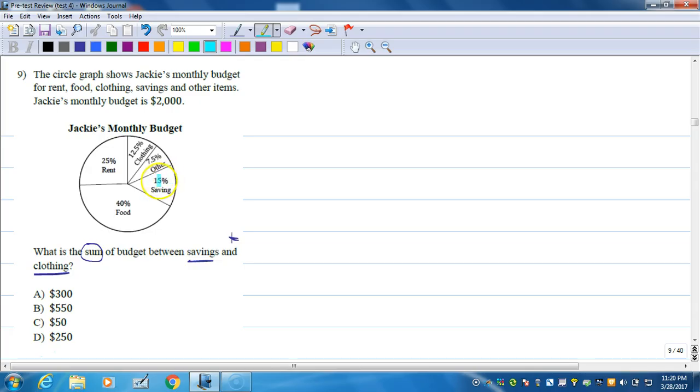Savings, right here, and clothing. Savings is 15%. I'm going to add the clothing, which is 12.5%.